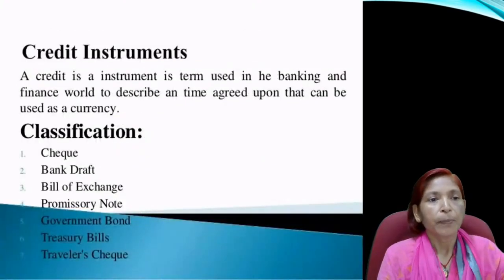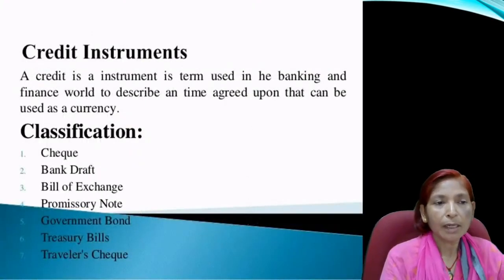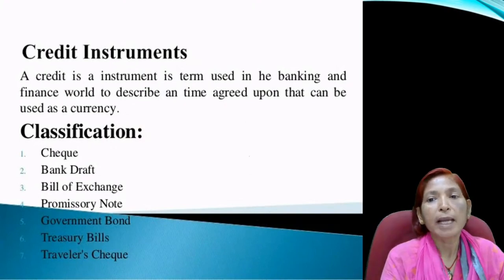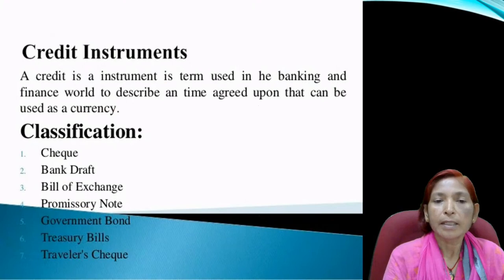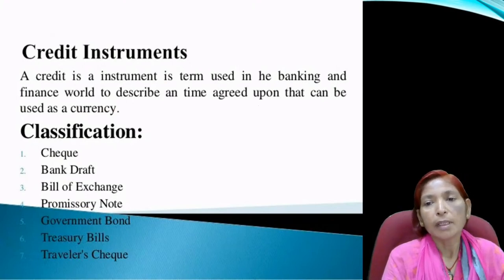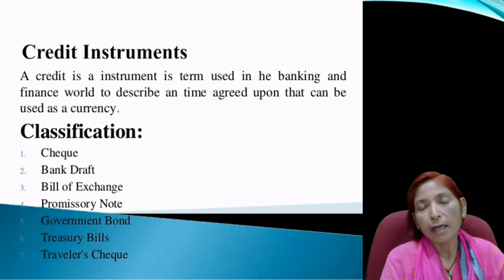Now next is credit instruments. What are credit instruments? Credit instruments is a term used in the banking and financial world to describe written instruments, agreed upon, that can be used as a currency.